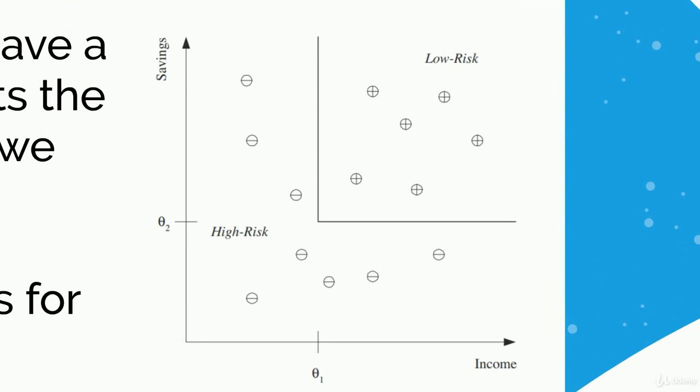And again, this example has been simplified to only include income and savings. And so in this scenario, you can see we have a pretty simple line that's going to separate our low-risk customers from our high-risk customers. Again, this is only in two-dimensional input space. As soon as we have a higher number of inputs, this problem becomes infinitely more complex, and in that scenario, we would need to use a machine learning algorithm to solve it.